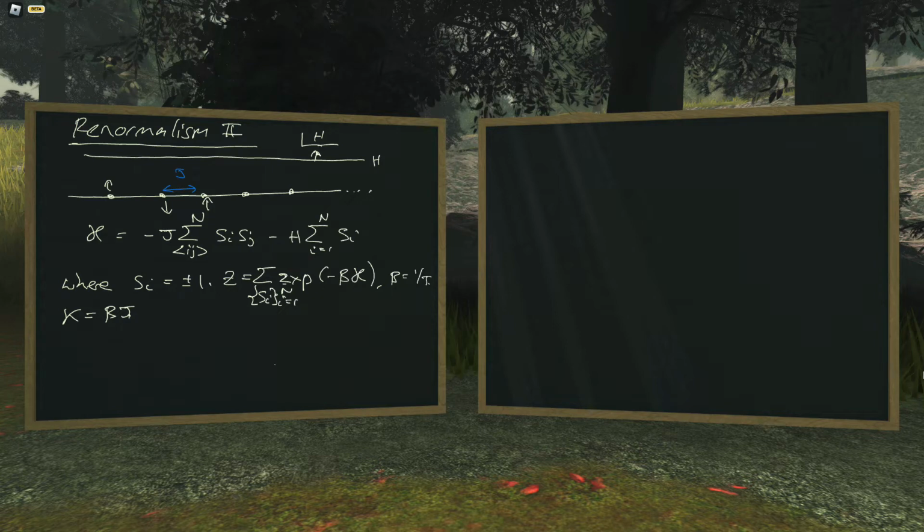Cool. So we're going to introduce K to be beta times J. And we are also going to denote this sort of zoomed in case of an ith and jth spin. So I'm going to introduce a constant here, since it's going to pop up anyway. I'll explain that in a second.